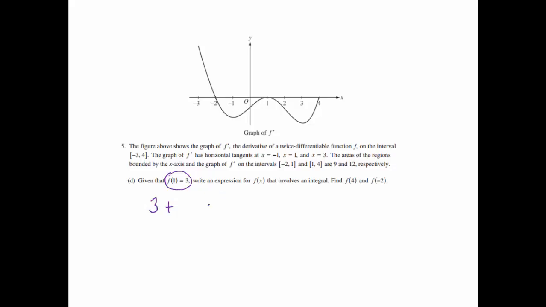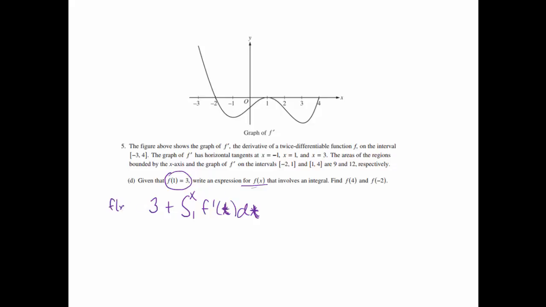So f of x is where I started plus the area under f prime from 1 to some value x. When I check my answers, they always like to use 2 different variables, so if I'm using an x here, they will use a different variable inside the integral. We might want to get into that habit to make sure we get our full points. So that would be my expression for f of x.